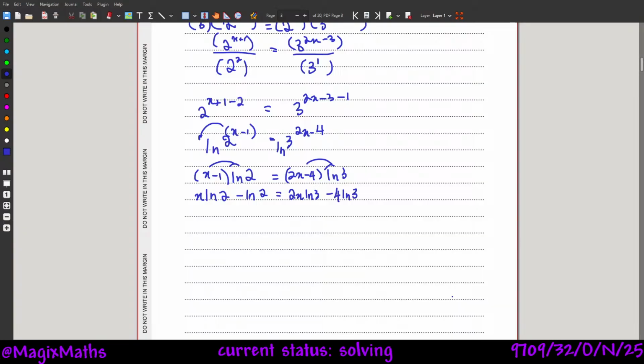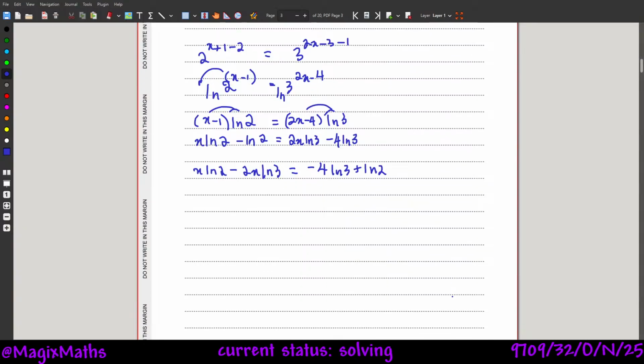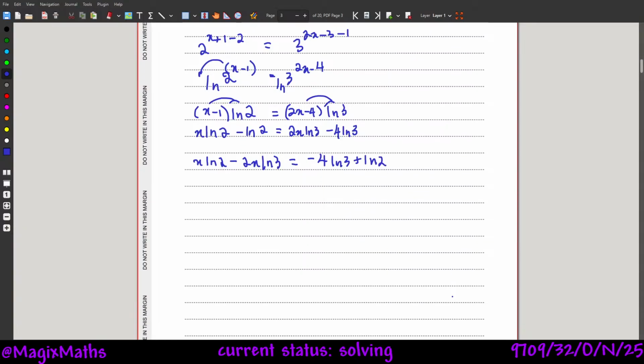And then we have x ln 2 minus 2x ln 3 equals negative 4 ln 3 plus ln 2. So we can factorize this part.